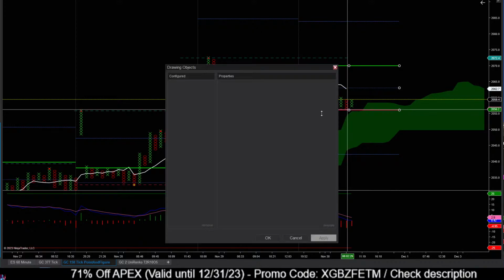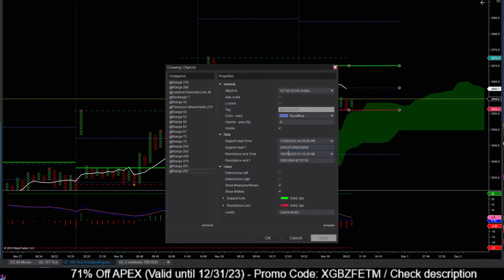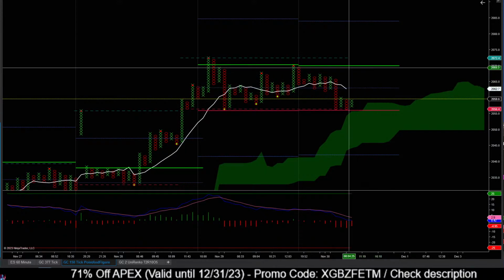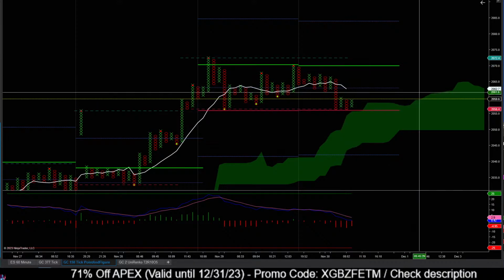I'm gonna actually mark it here, 2056, and then 2070. Okay, that's support and resistance. I have it upside down, I know. So I did not modify it yesterday. I should have. This one should be red, and it's the other side.